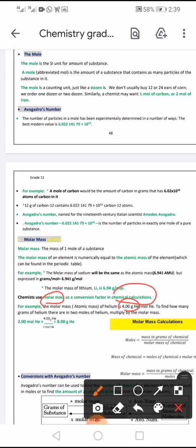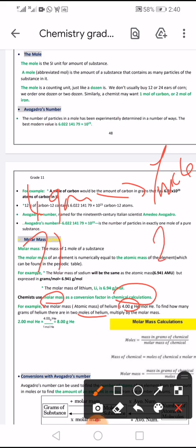To find how many grams of helium there are in 2 moles, if we have 4 grams of helium in 1 mole, we just multiply 4 times 2. So 2 moles times 4 gram helium per mole is equal to 8 gram.